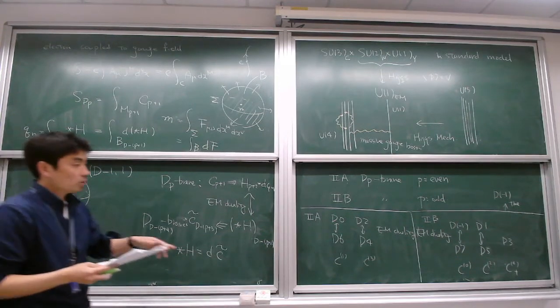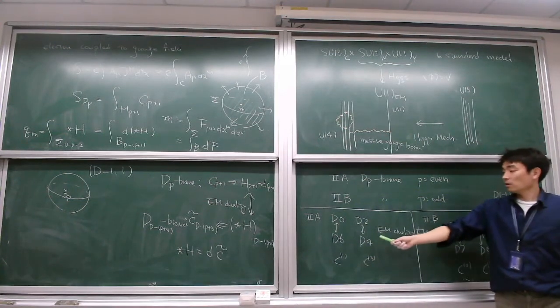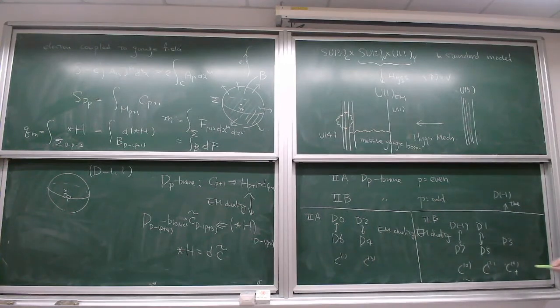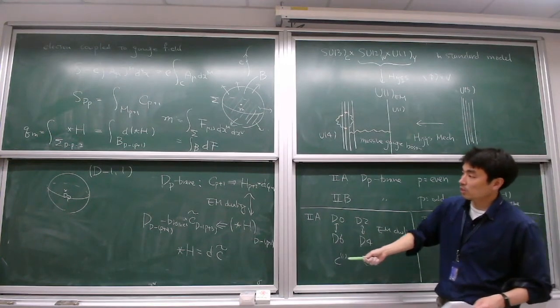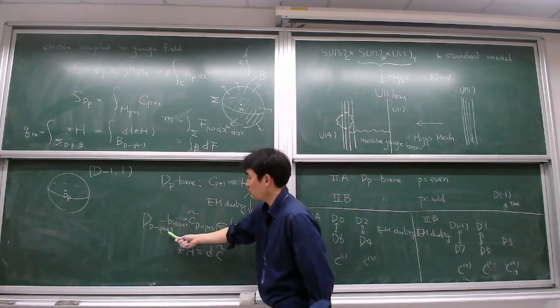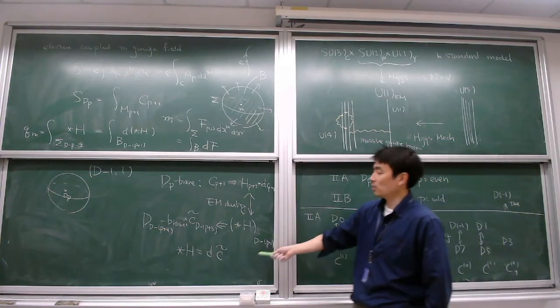And then the relation between D0, D2, D4 and D6 is written here. So these are magnetic duals. You start with a D0 brane, it should be 10 minus 4, which is D6, and that couples to C1, and they're related by this relation.